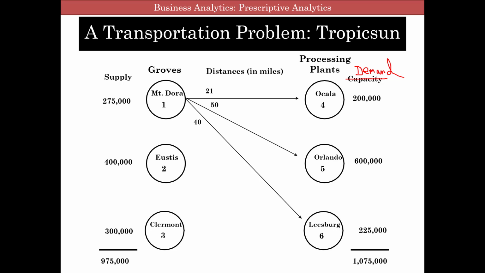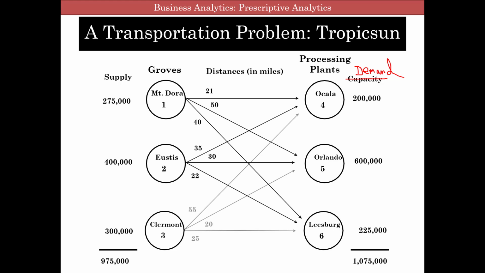And here we have the distance in miles given. Each of these arrows is what gets sent, so what gets sent from Mount Dora to Ocala and so on. So let's think through this problem. Let me get a pen here so we can think through it.